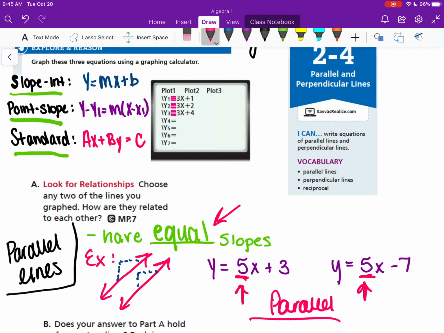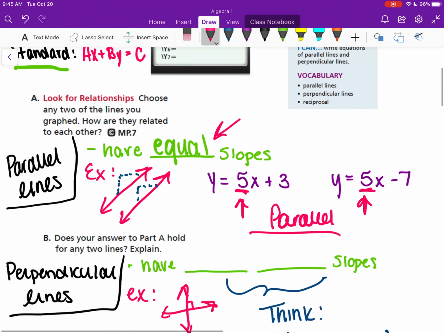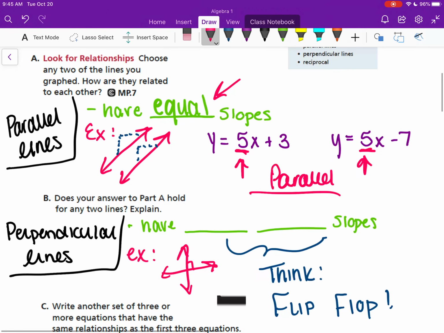Now the other type of special 2 lines we can have are perpendicular lines. Perpendicular lines intersect to form a 90-degree angle, and they have what we call opposite reciprocal slopes.